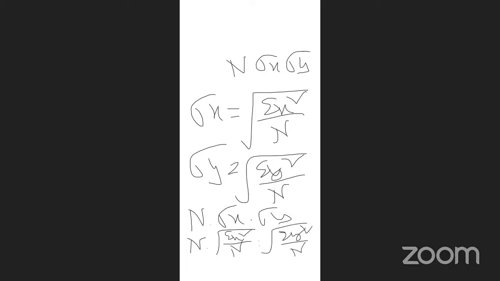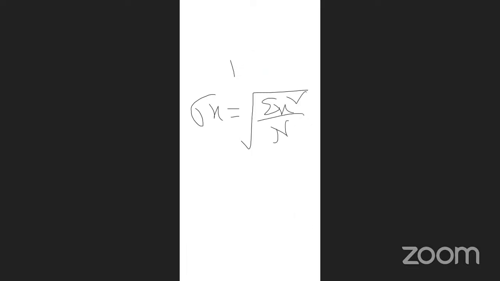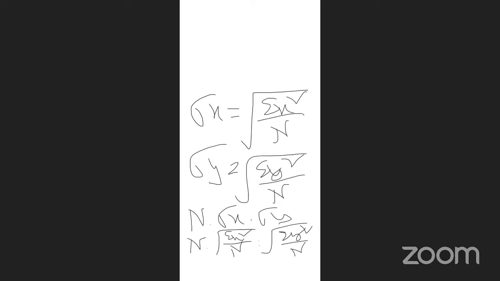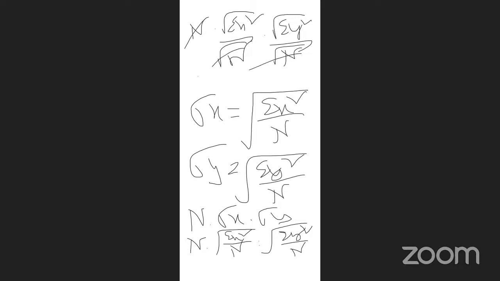So which can be written like this, n into root of sigma x square divided by root of n into root of sigma y square divided by root of n. Now root n into root n is n. So this n and this n get cancelled. So we will get under root sigma x square into sigma y square.